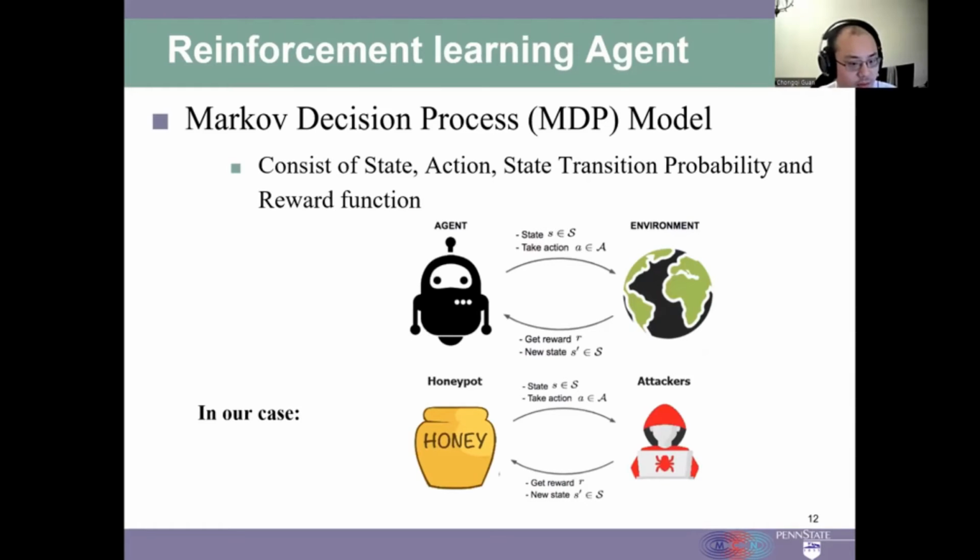As I mentioned above, the reinforcement learning agent first models the interaction between the attacker and IoT devices as a Markov decision process. In a traditional Markov decision process, the agent interacts with the outside world, called the environment, through a series of actions. At each step, the agent observes the environment state and takes an action.